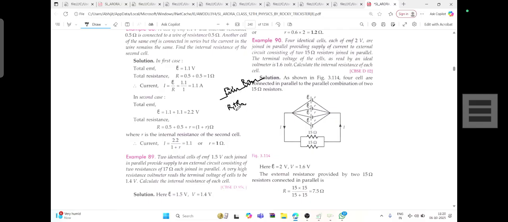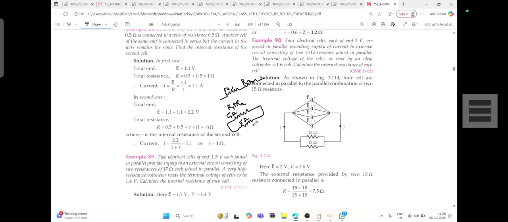But when two resistances are connected in parallel combination, you can find out, if that is 5 ohm and that is 5 ohm also, you can calculate the equivalent resistance, and I assure you that the equivalent resistance will be less than each resistance.